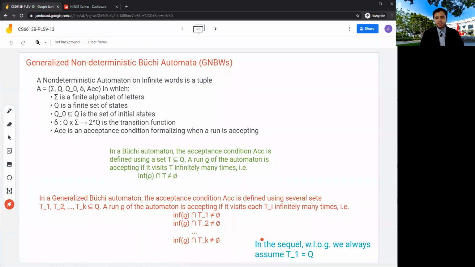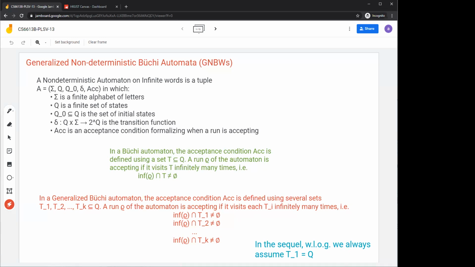And one thing that we are really not interested in is the cases where the run of the automaton is finite. So if you get to a state and read some letter and there are no transitions with that letter out of that state, we don't really like these kinds of runs.